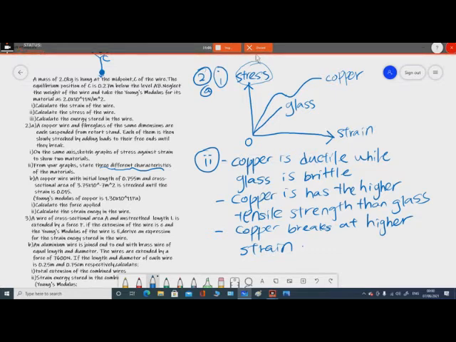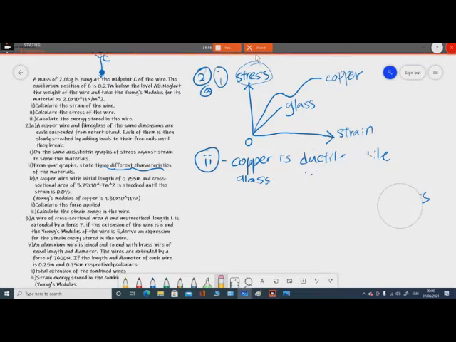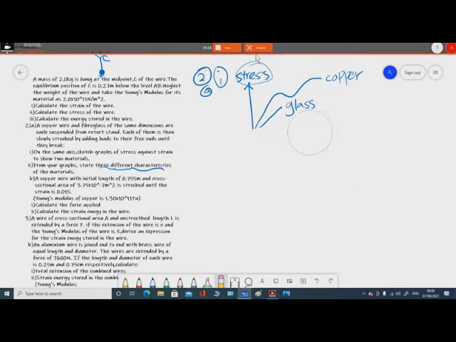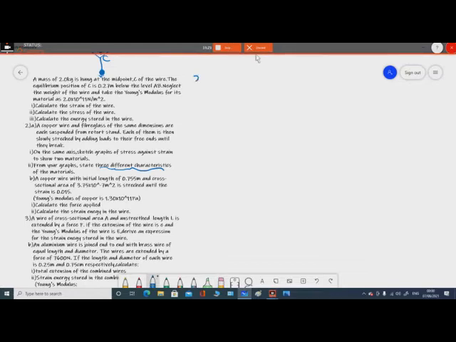Okay, so let us move on to B. This is still number 2, and this is part B. A copper wire with initial length of 0.755 meters and cross-sectional area of 3.75 times 10 to the power of negative 7 meters squared is stretched until the strain is 0.015.